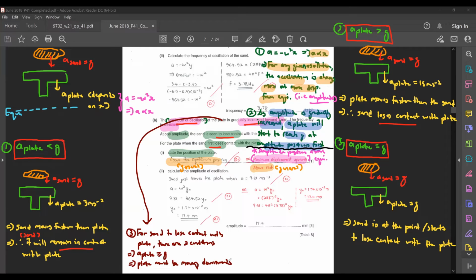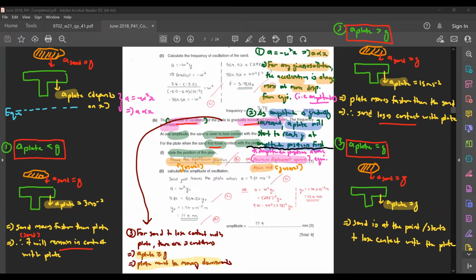Okay. Just now, when I explained that the acceleration of the plate must be equal to g before your sand can start to lose contact with the plate, there's actually another condition that's indirectly inferred here. That one being that your plate must actually be moving downwards in the first place. Okay, so there's two conditions here. Acceleration of the plate must be more than or equal to g, and plate must be moving downwards.